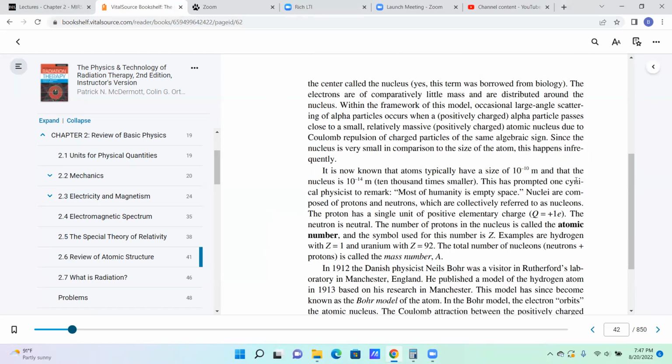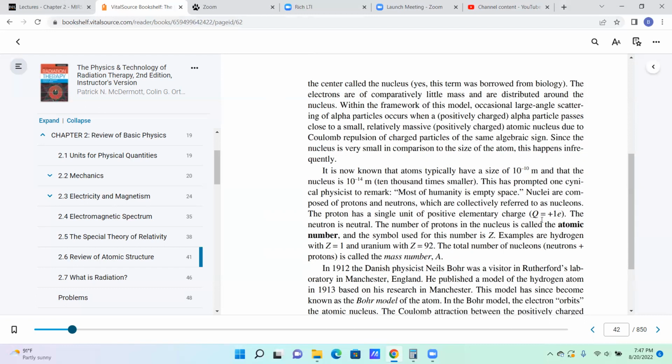And now it's known that atoms typically have a size of 10 to the minus 10th meters, and that the nucleus is 10 to the minus 14th meters. And most of matter is considered to be empty space. Nuclei are composed of protons and neutrons, which are collectively referred to as nucleons.